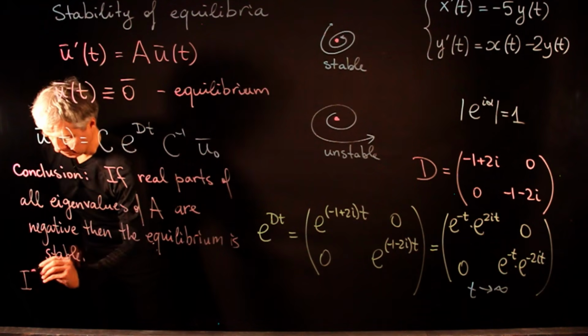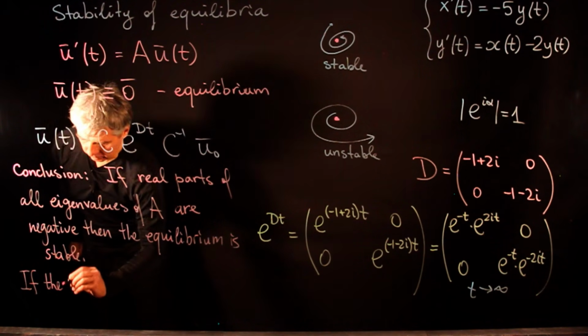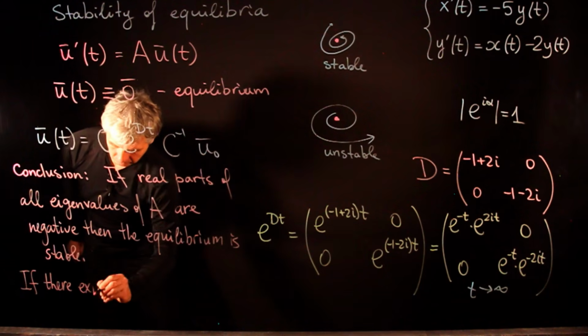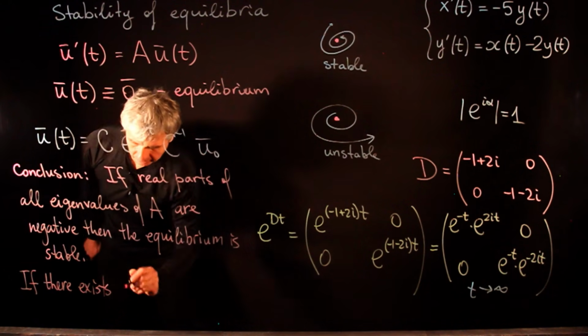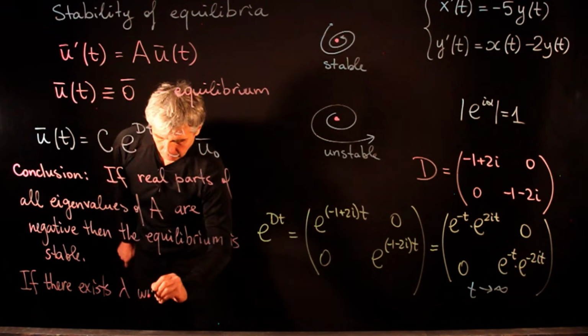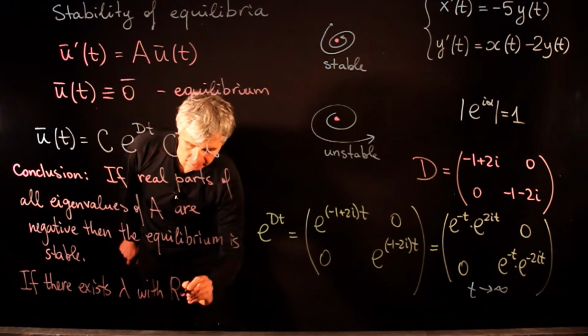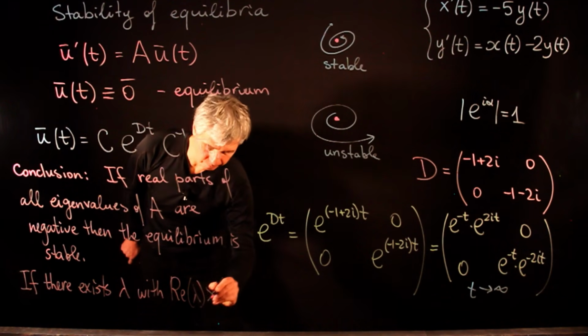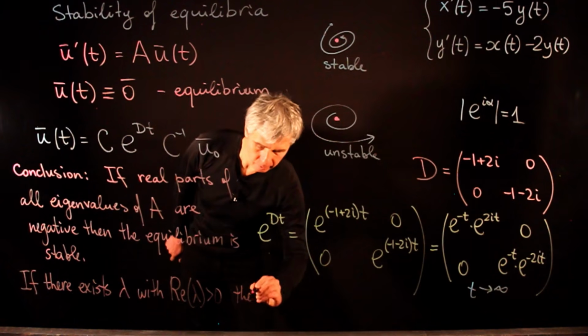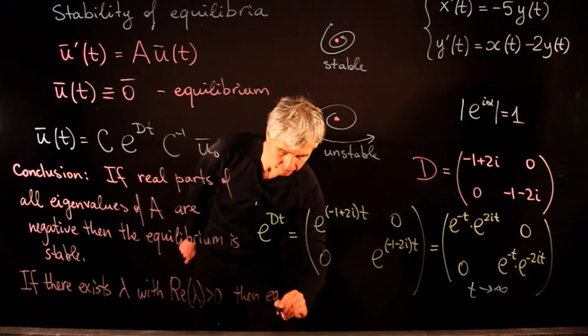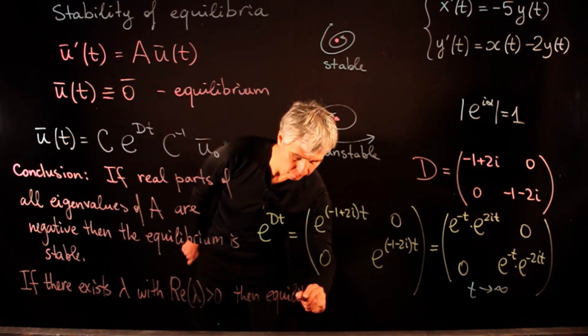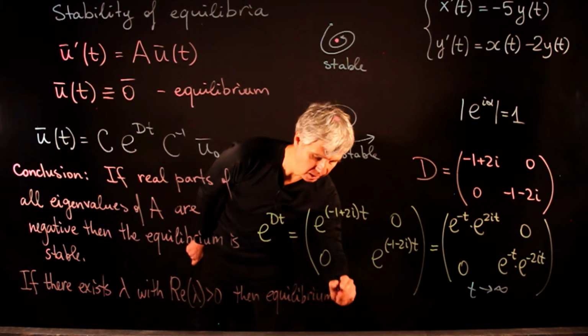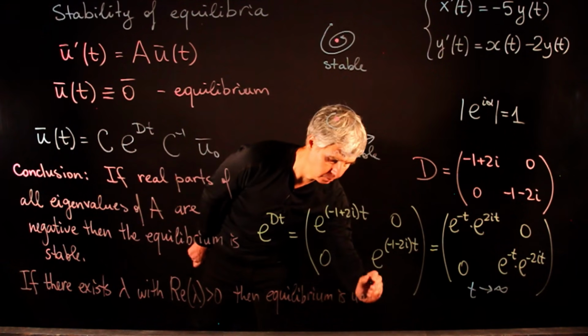If there exists an eigenvalue lambda with a positive real part, then the equilibrium is unstable.